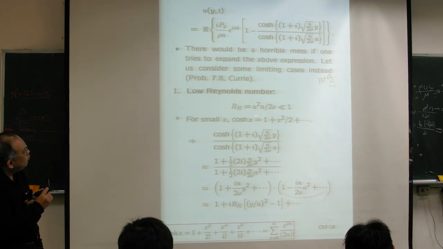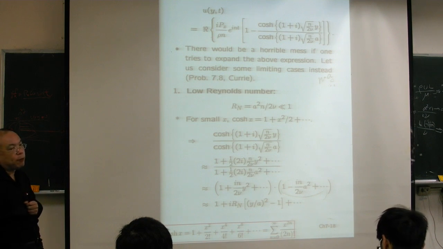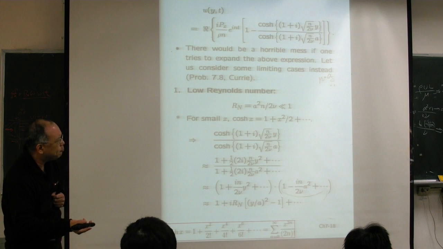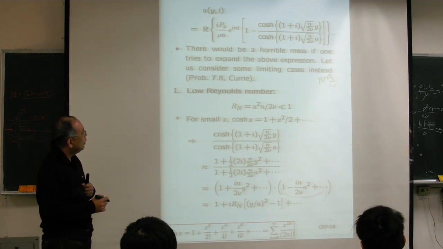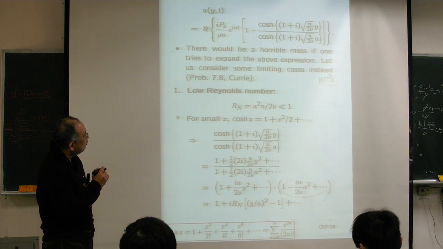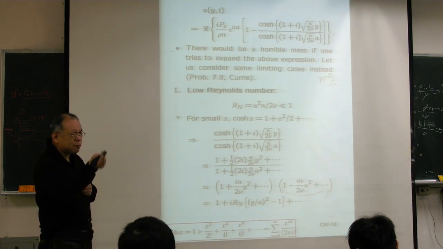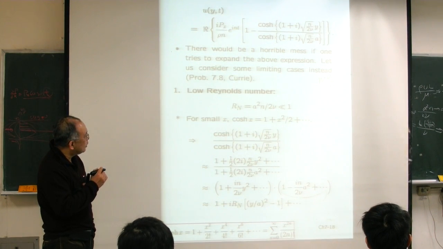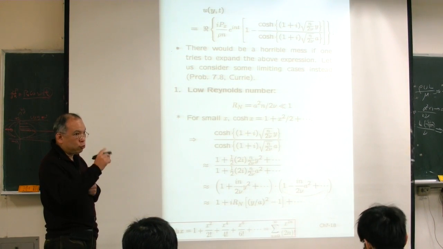And when the Reynolds number is much less than 1, what happens? What's the physical meaning of much less than 1? The physical meaning is that our flow is either very slow motion, or our viscosity is big. There are two possibilities.